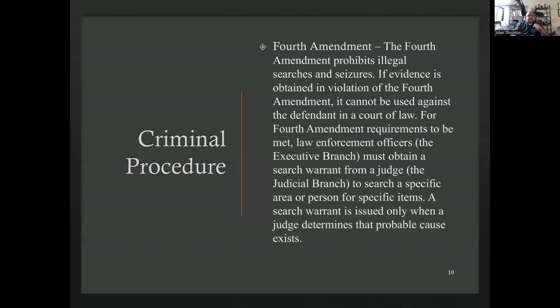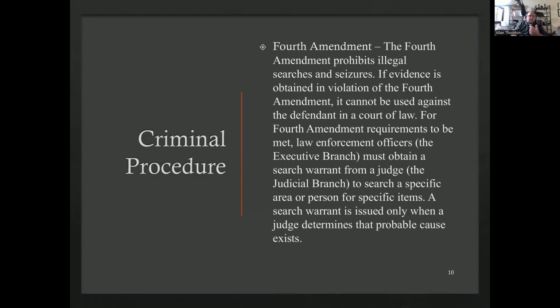Look at it a little bit more. It prohibits illegal searches and seizures. So what's a legal search? One that carries two ways of looking at it that will cause it to be legal. The first and foremost way is that law enforcement has written up an affidavit and given it to the judicial branch, and the judicial branch will sign off on that affidavit.